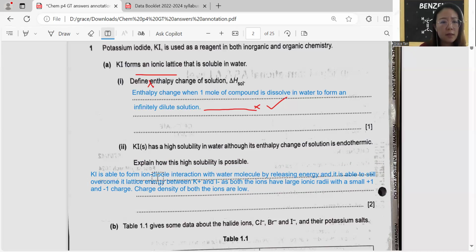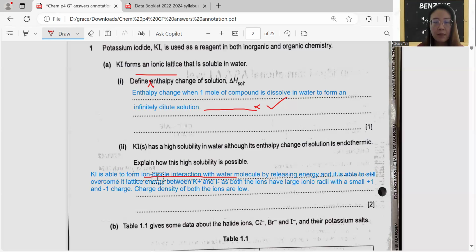I personally think that this one perhaps will get 1 mark somehow, because you can form interaction, which is the ion-dipole interaction. And I did talk about when you form interaction or attraction, it is releasing energy. I did realize it is releasing energy, even though the net total is still endothermic.